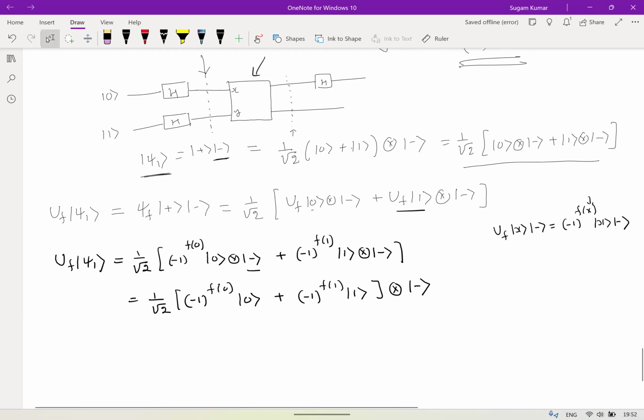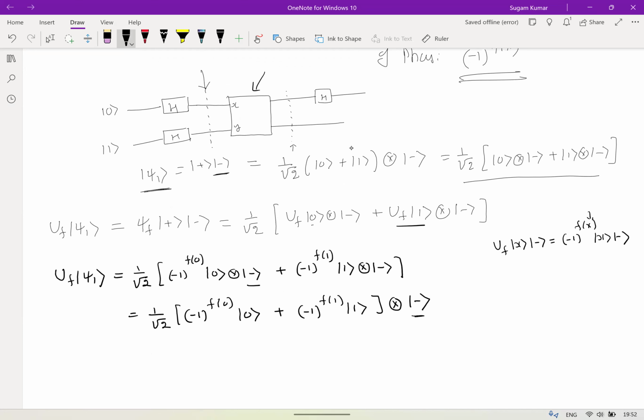All right. So you can see this negative is the second qubit, correct? This is the second qubit after superposition. And this whole thing is the first qubit. So you can see very clearly that this oracle has actually encoded the function fx entirely as a phase on the first qubit.